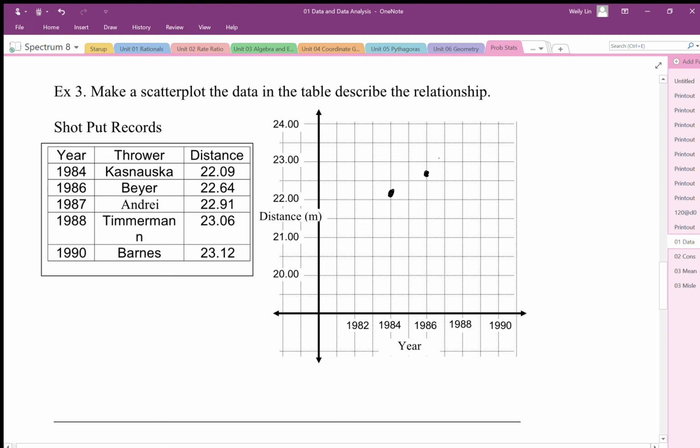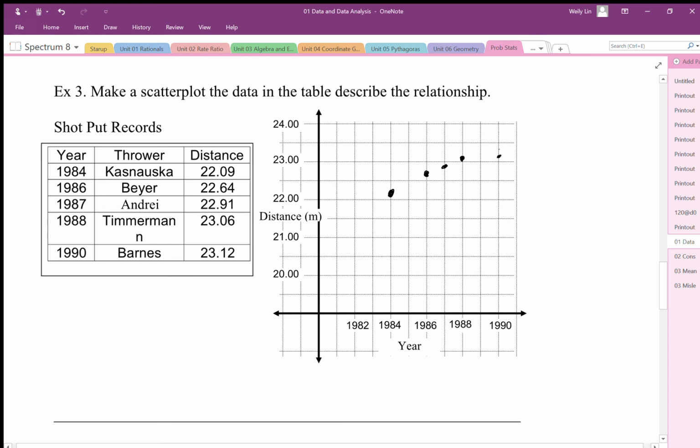1987 is 22.91, so somewhere just about there. In 1988, we have 22.06, so maybe somewhere around there. And in 1990, we're at 23.12, so maybe right about there.